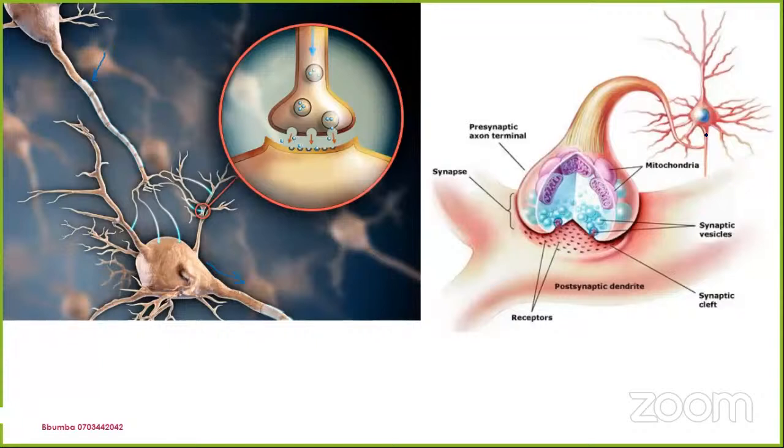by the way, you may ask me, why is it that there is even a space? Why doesn't it just continue? That space has a lot of functions. One of them is that it ensures that the nerve cells are not continuously stimulated.